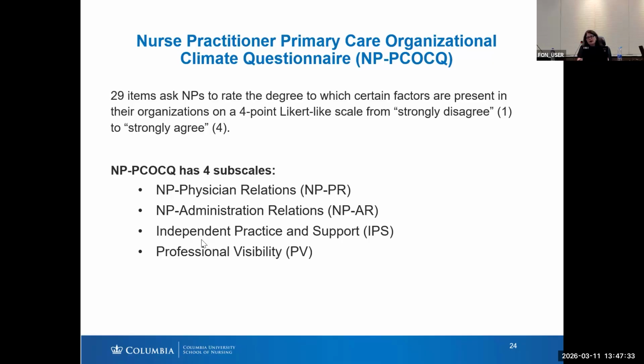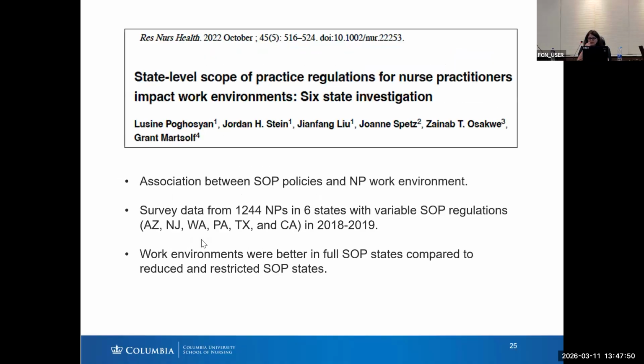Are you able to practice to the fullest extent of your education? And do people know what your job is and what you are supposed to do? It's a survey tool. NPs can complete the surveys on their own, and it measures the work environment of nurse practitioners. So using this tool, we have done many studies.